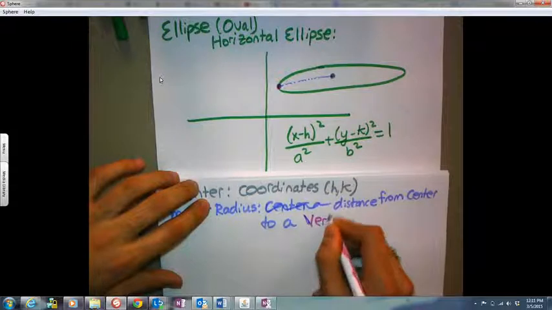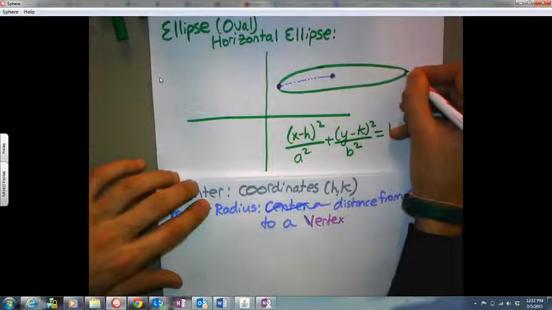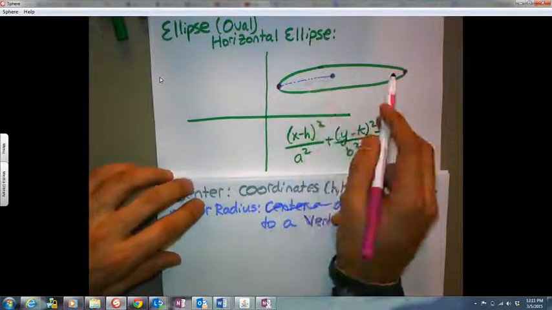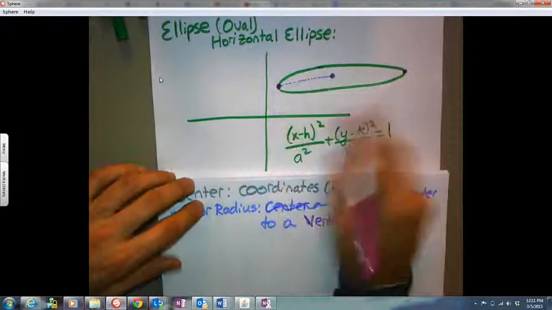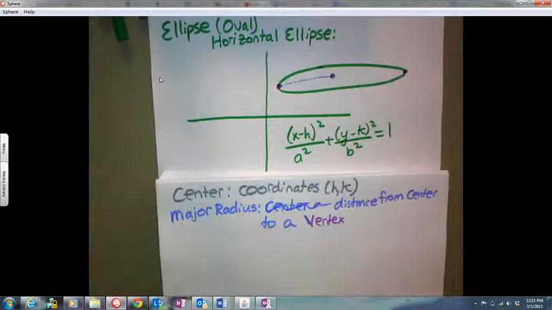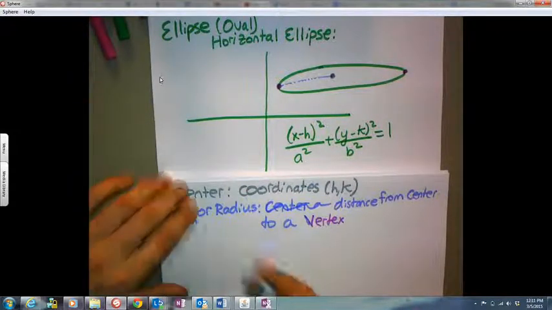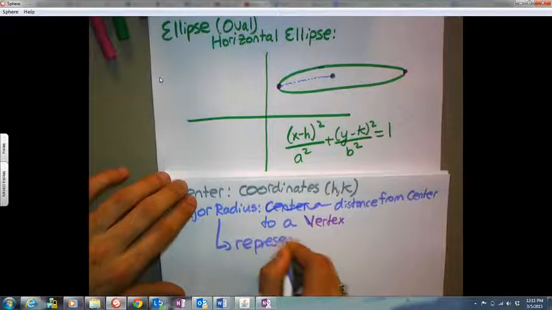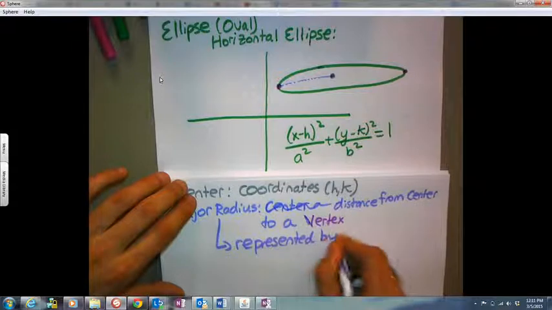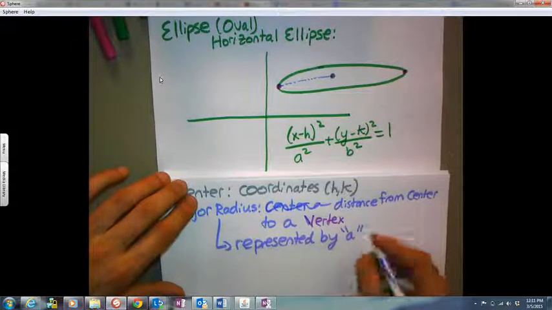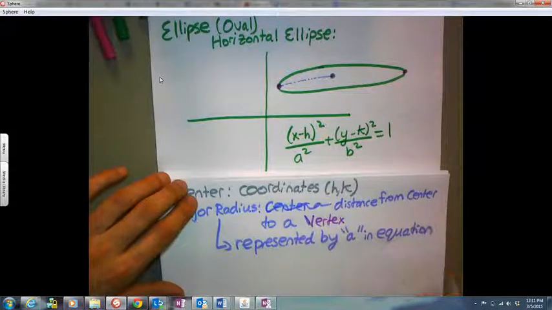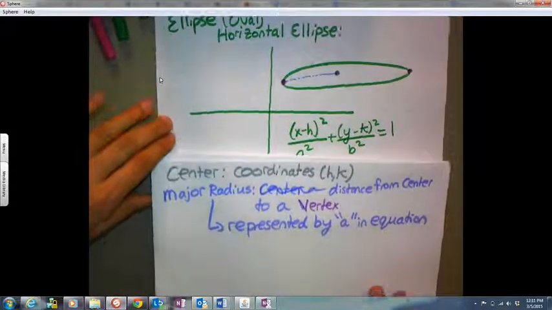There are two, don't say vertexes, say vertices. There are two vertices, one on each end. The major radius is represented by a in the equation. So you know how we got this a squared here? Well, a is the major radius.